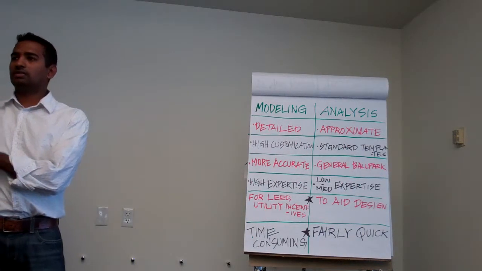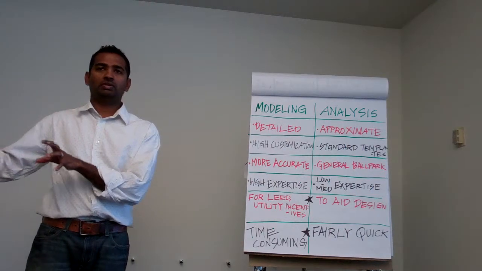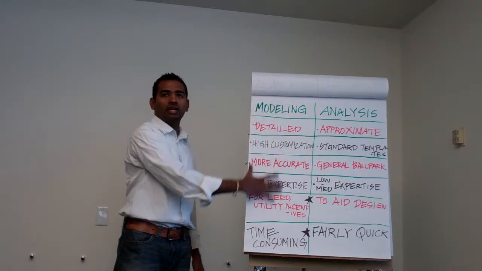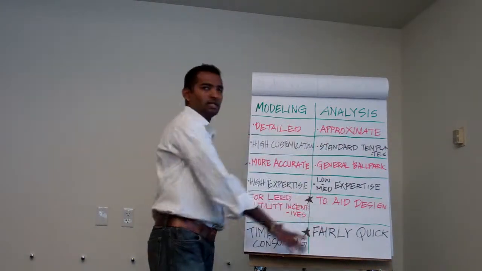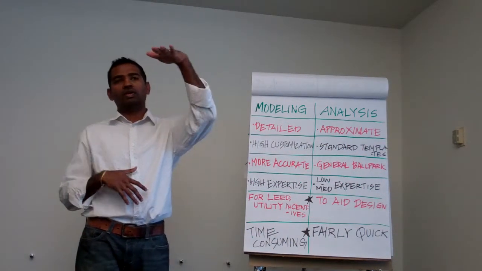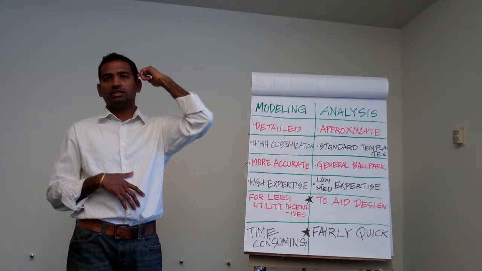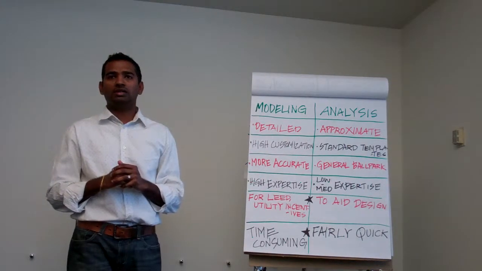So that's the other extreme of information that you want to put in. So for an energy modeling, that's how detailed you want to get. But when it comes to energy analysis, you try to keep it at a surface level so that you can analyze this. Does that make sense, guys?